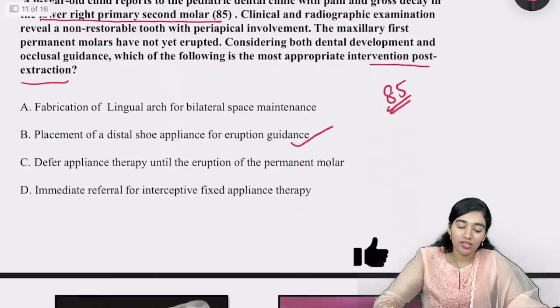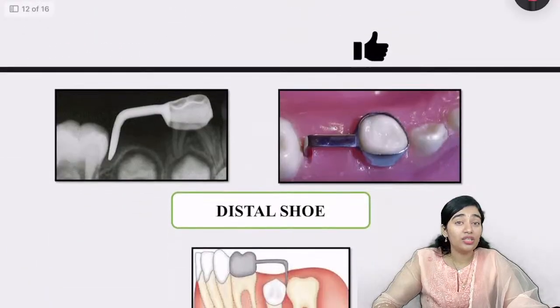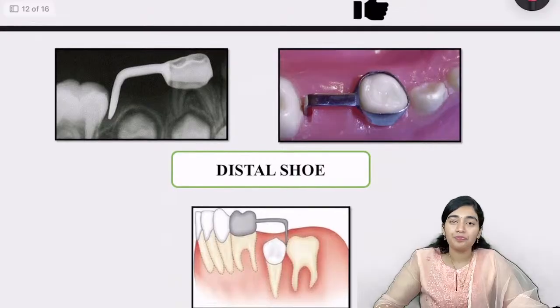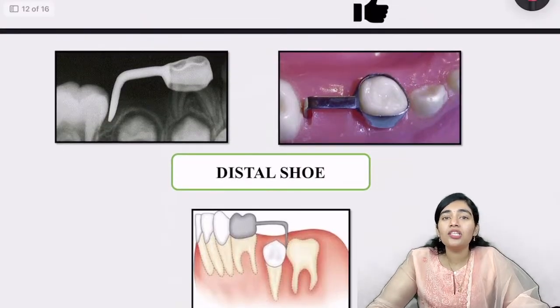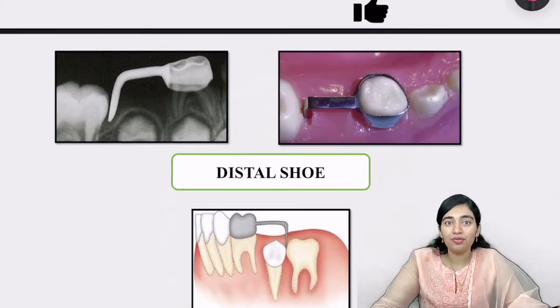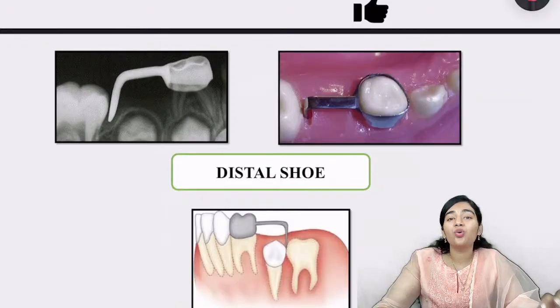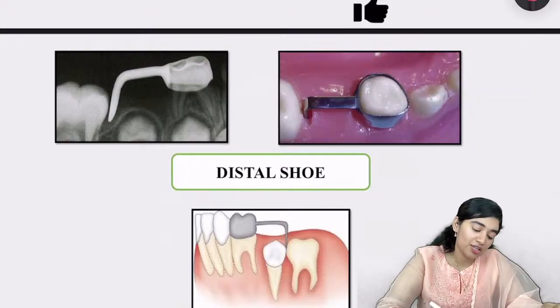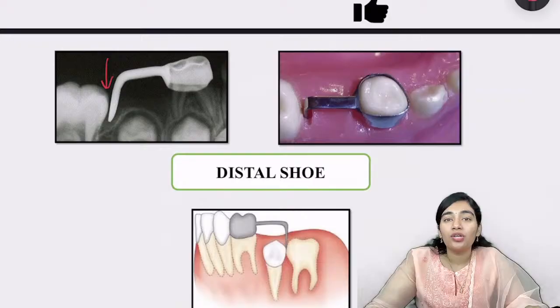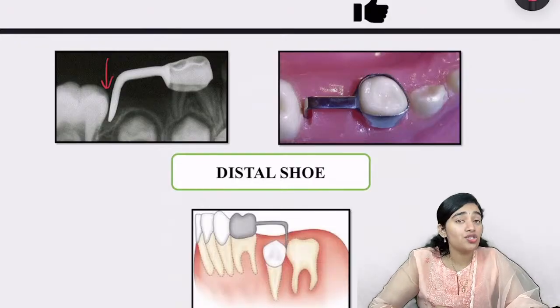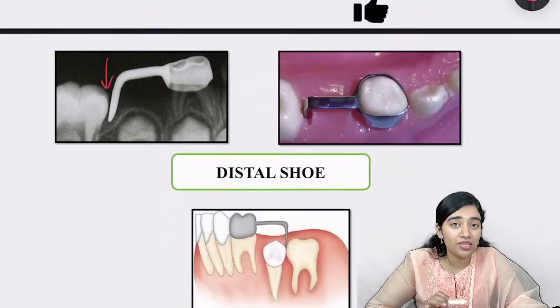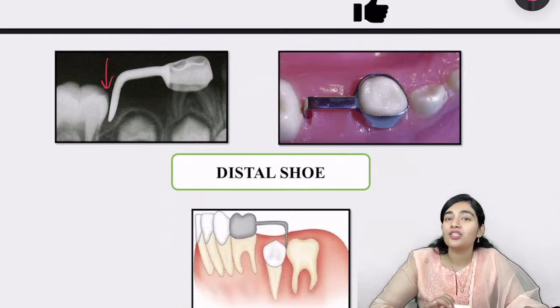All right. So here comes our distal shoe appliance, which is unique among all the space maintainers. Okay. So all the space maintainers rest above the gingiva, if you can see the designs. But this is the only space maintainer which has an intragingival extension also, as you can see here in the radiograph. There is an intragingival or intraalveolar extension.